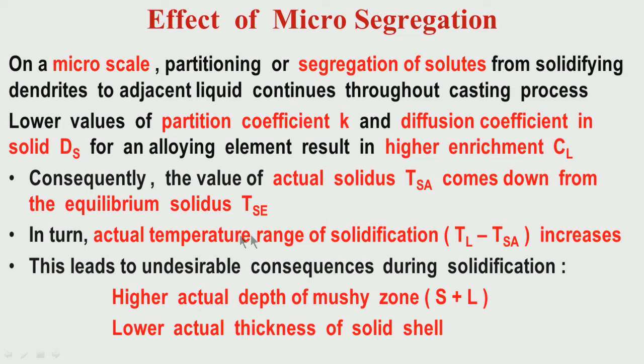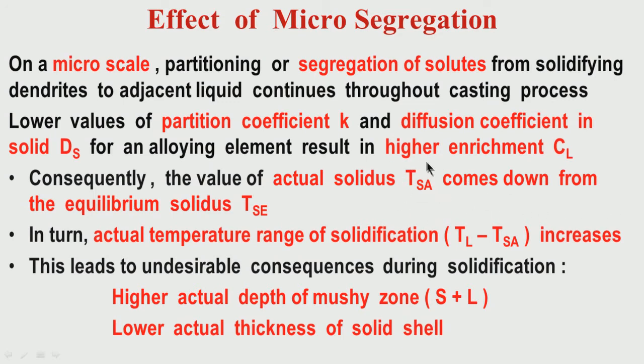Consequently, what is happening to the value of the actual solidus? Because this actual solidus depends on what will solidify, the last liquid which will remain, that is solidifying finally. So, the concentration of that liquid is becoming more and more rich in all the alloying elements. The more the enrichment, the more the segregation, and the lower will be the TSA because of the enrichment.